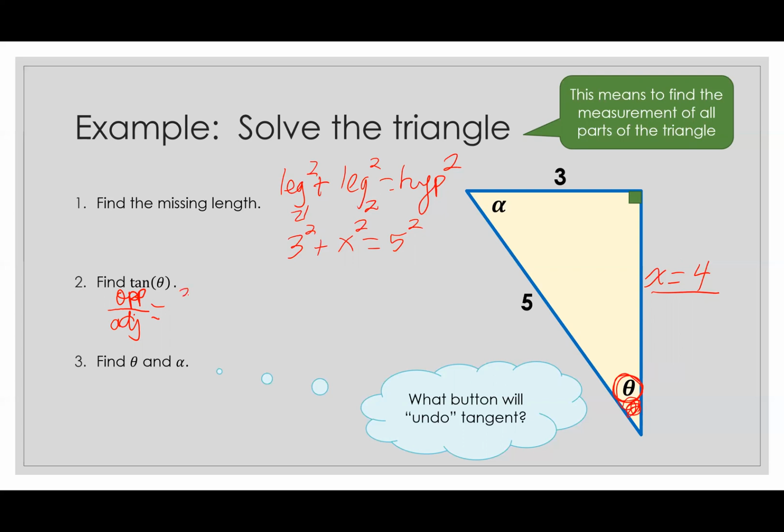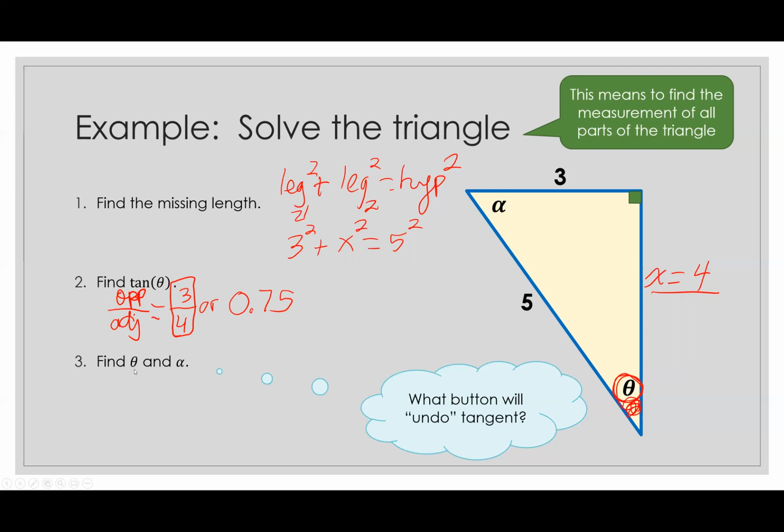So then this is 3 over 4, or we would say 0.75. Okay, I like using a fraction rather than a decimal, but hey, sometimes the answer doesn't come out nice and you have to use a decimal.